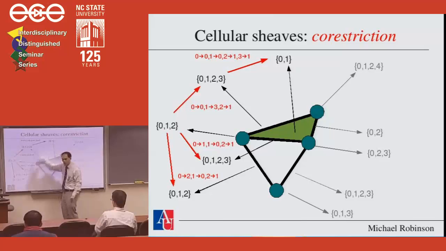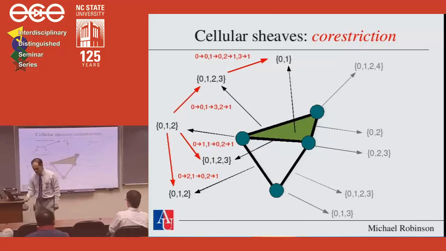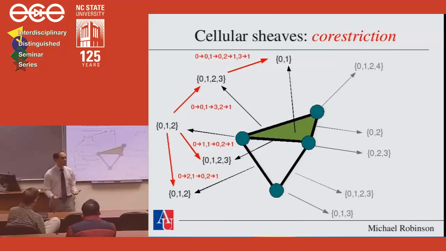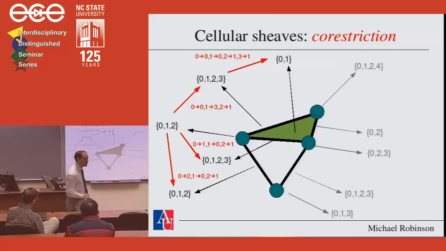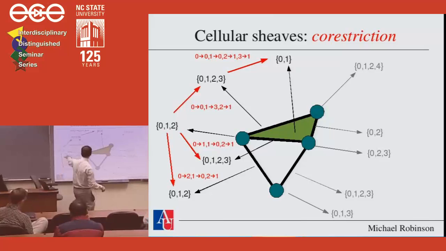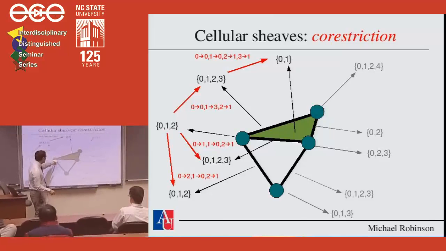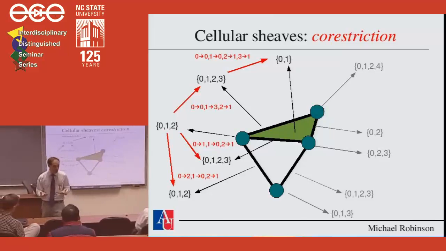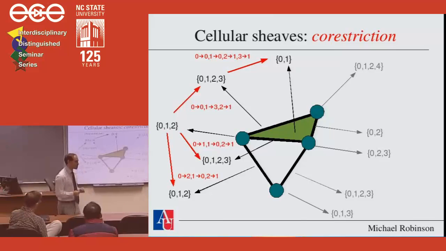I haven't shown that one. And being mathematicians, we want this all to be consistent. We want every possible combination in this diagram to give me the same answer. If there are multiple paths to get from this vertex to this face, going from here to here to here is the same as going from here to here to here. If you do that, you build up that data structure, that is a sheaf.